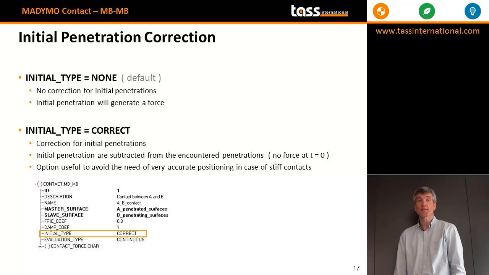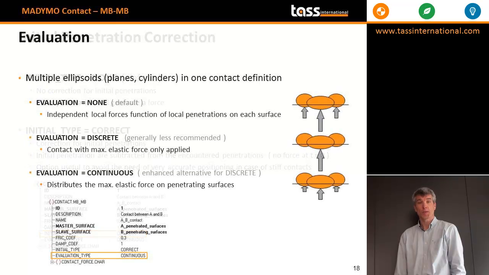Well, this might then be an option to use initial type correct. What is it doing? Initial type correct means that if there are initial penetrations, the forces are set to 0. Be aware that this might also disturb your equilibrium. For that reason, it's generally recommended to use initial type none, which means if you have initial penetrations, contact forces will be applied.